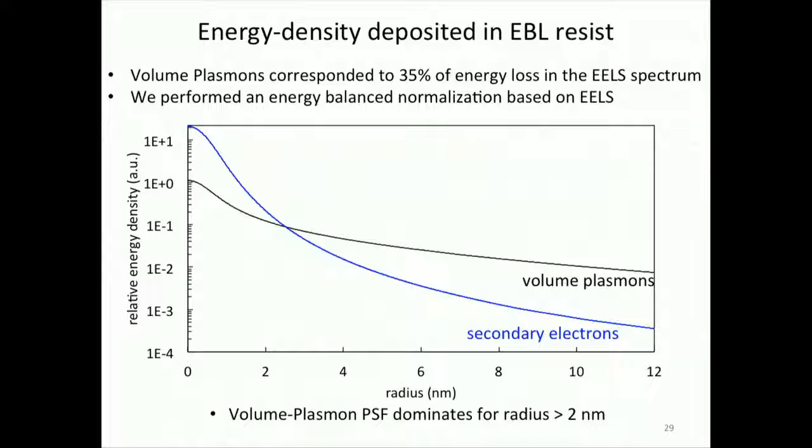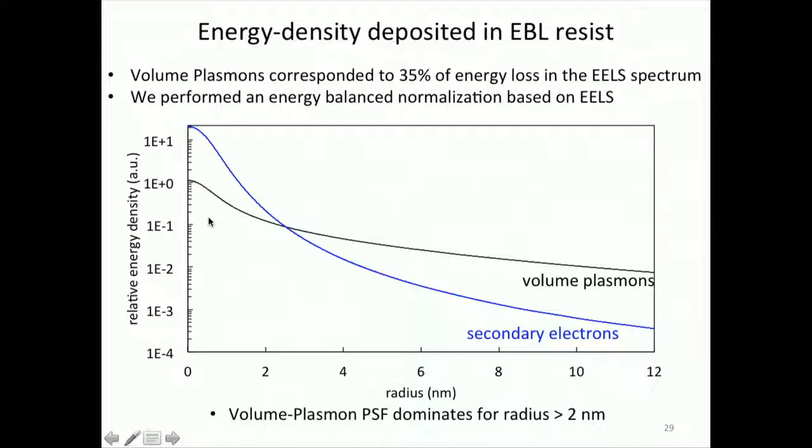Here I try to compare the effect of volume plasmons and secondary electrons. We measured by yields that the volume plasmons correspond to 35% of energy loss. And we consider that the other 65% is due to secondary electrons. Then we performed an energy-balanced normalization of these two PSFs.